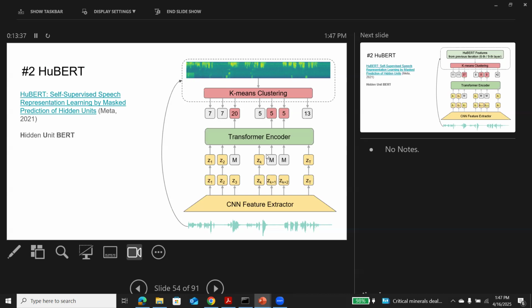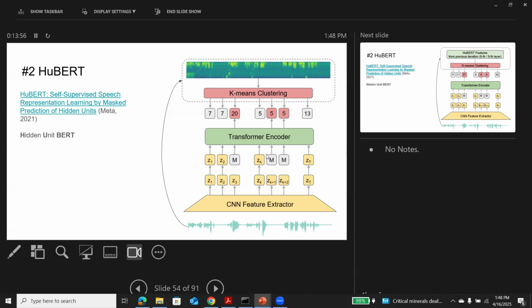Typically, just like in the Mel frequency spectrum, we used 80 bins. In the original spectrum, we had thousands of bins. In this MFCC spectrum, we can typically use 11, 13 bins.